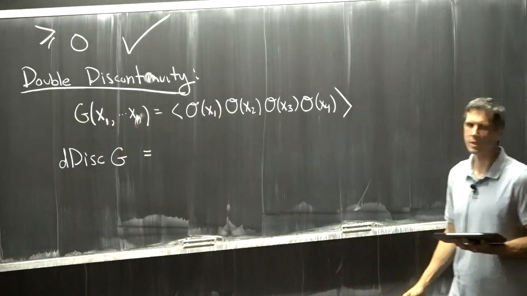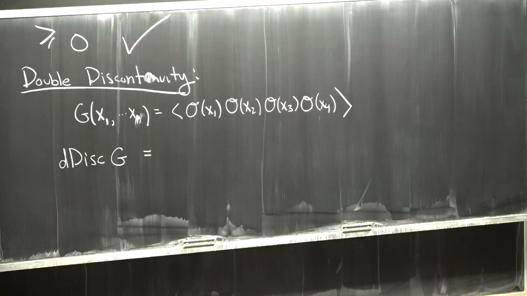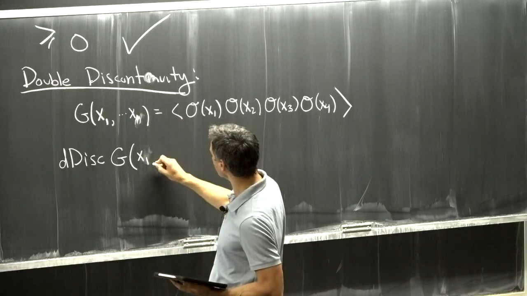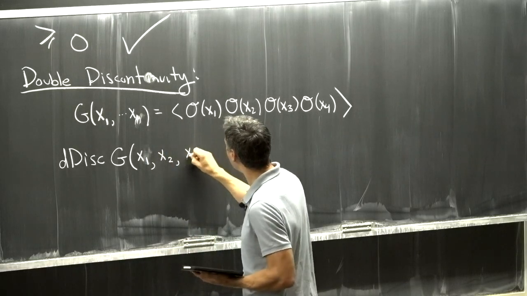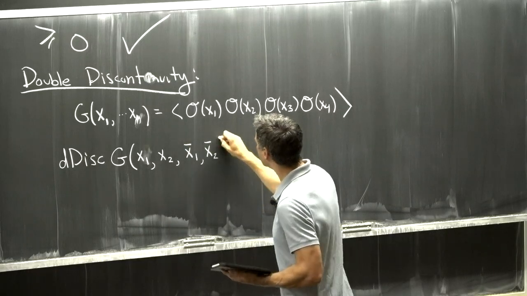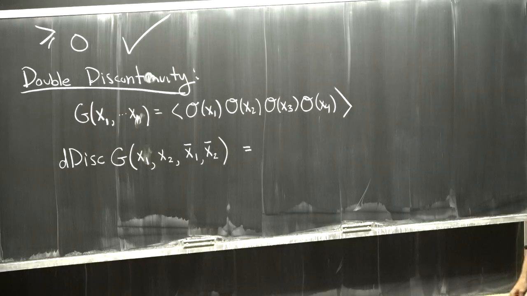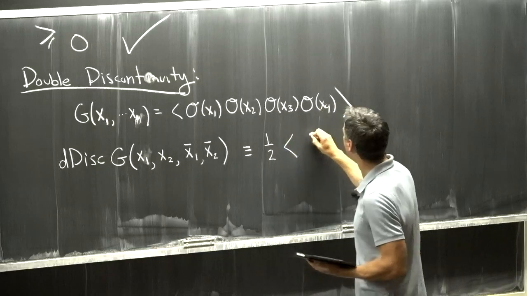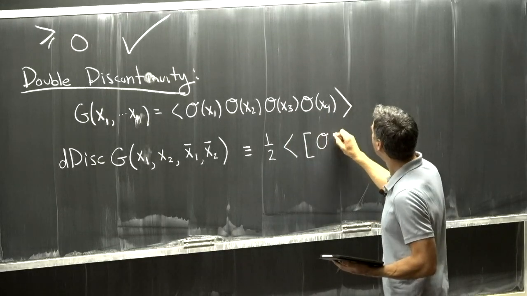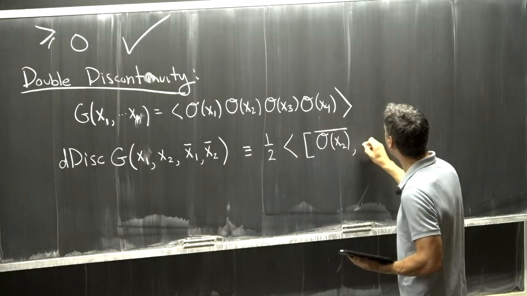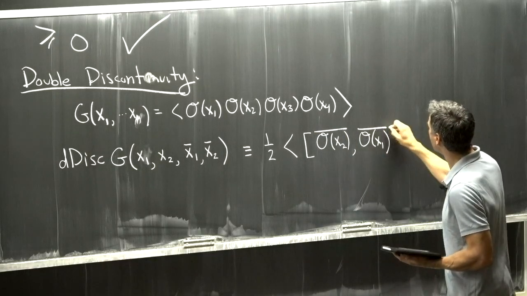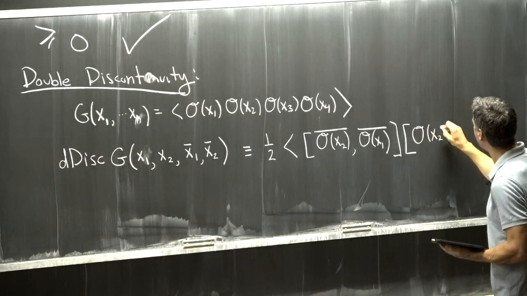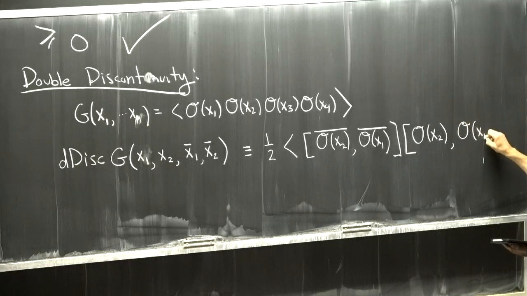Then the double discontinuity, or d-disc, of the correlation function g, in the kinematics that are reflection symmetric, so x1, x2, x1 bar, x2 bar, is defined to be 1/2 of the commutator O of x2 bar, O of x1 bar, and its reflection, so O of x2, O of x1.